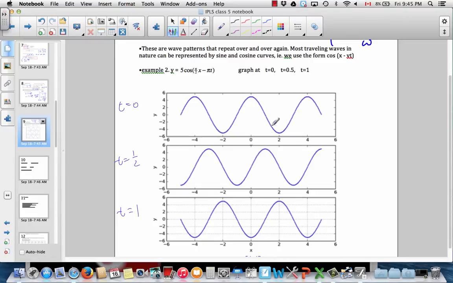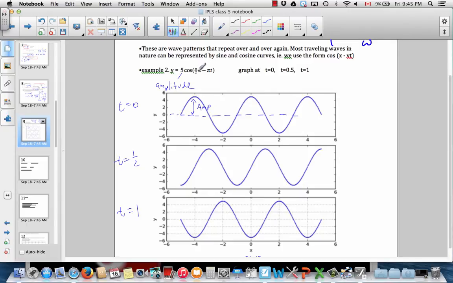I just used a graphing utility to do that. First of all, we see that this distance right here is 5, and that's the amplitude. That's how much the wave is displaced from the equilibrium position, and amplitude is usually the letter capital A.